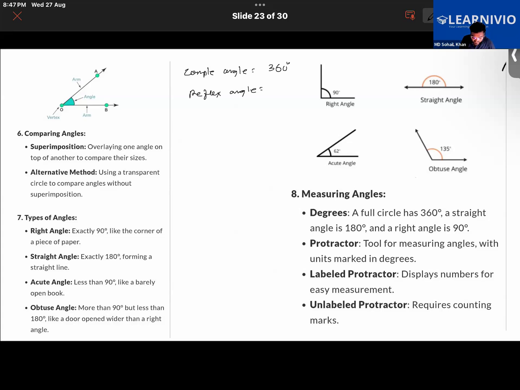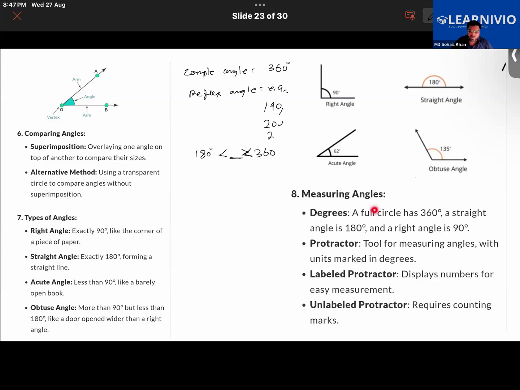More than 180 degrees, but less than 360 degrees. So we can have several examples of it, like 190, 200, 201, 202, and any number that falls between 180 and 360. So it means it's more than 180, but less than 360. Getting it now?